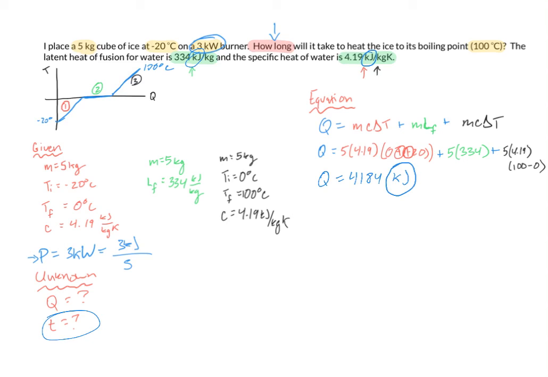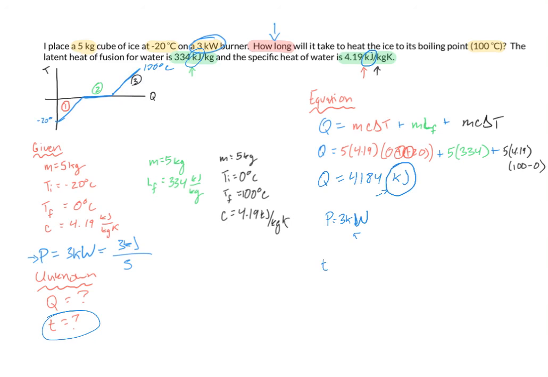So we know that the power is 3 kilowatts, which again is 3 kilojoules per second. So if we want to convert from kilojoules to seconds, we just need to divide by power.